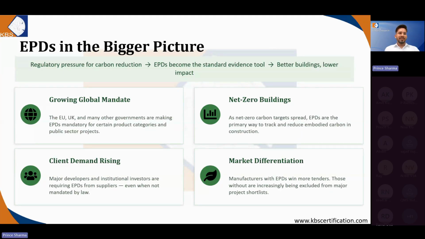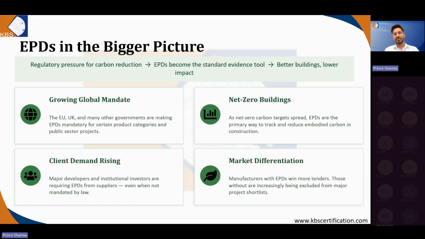EPDs in the big picture: if we talk about the global or growing mandate for EPDs, last year, in 2024-2025, the published EPDs for the construction sector were about 40,000. And in 25-26 till now, the published EPDs are about 60,000. So there is a growth of 50% in just one year.